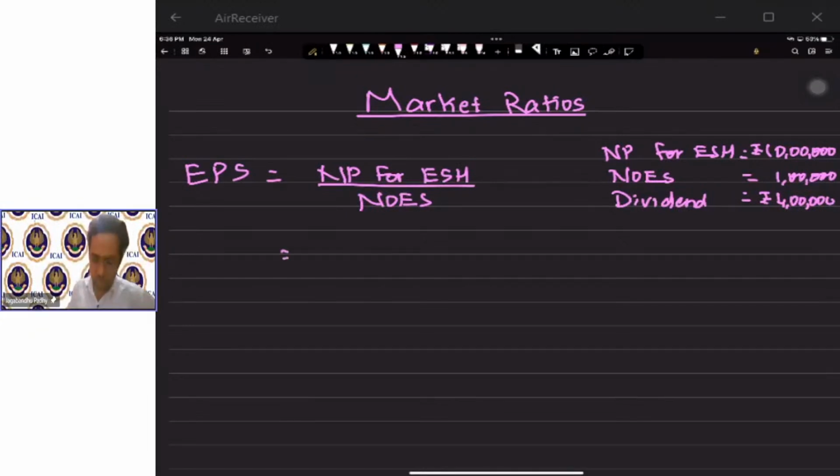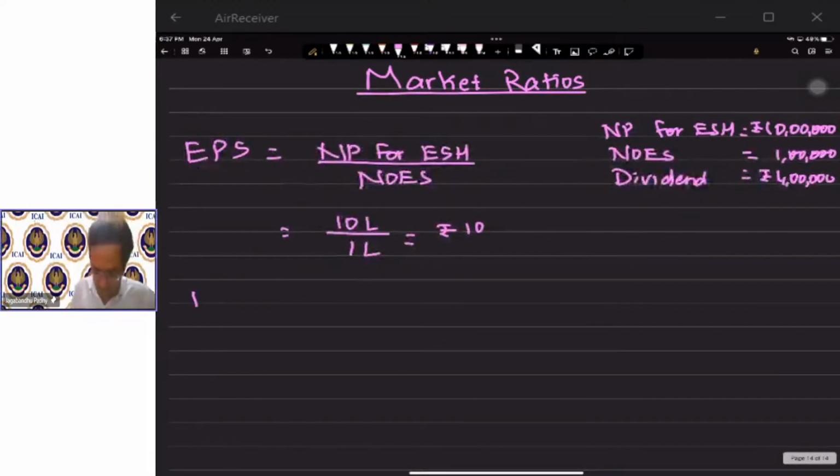Now, earnings per share. Per share, what is the income that the company is generating? That's basically 10 lakh upon 1 lakh, which amounts to 10 rupees. 10 rupees is the earnings per share. Now, if I ask you what's the dividend per share, how much the company is paying as dividend?